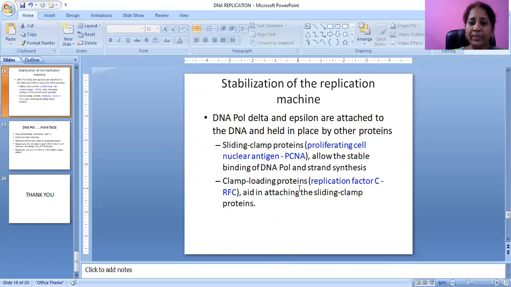Clamp loading proteins aid in attaching the sliding clamp proteins. When this happens, DNA replication will be stopped.